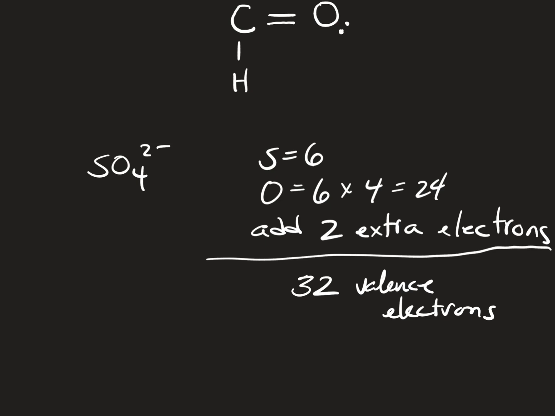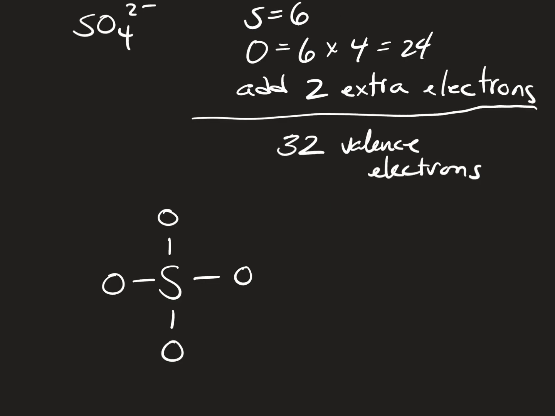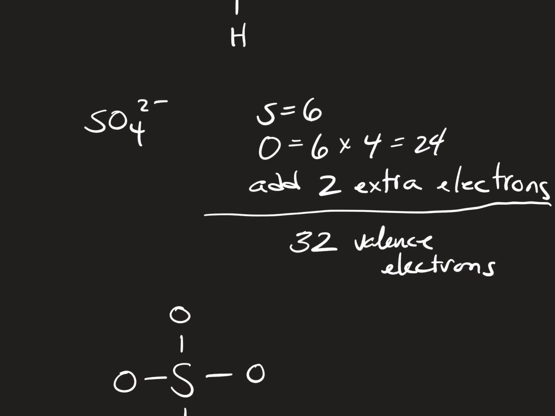I'm going to start with a skeleton structure, which brings up another point. You notice that I put the sulfur in the middle. This is hard to put into words. When you're looking at a situation where we've got 1 sulfur and 4 oxygen, we're going to put the atom that represents the least number of atoms in the molecule or polyatomic ion in the middle.